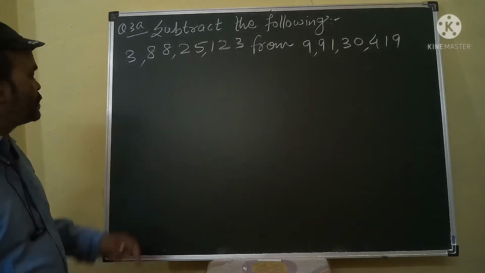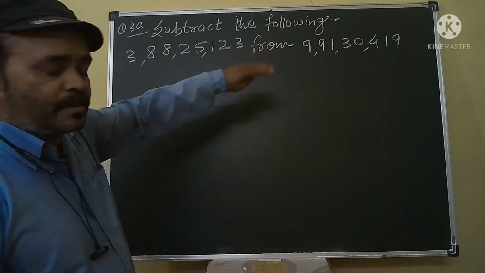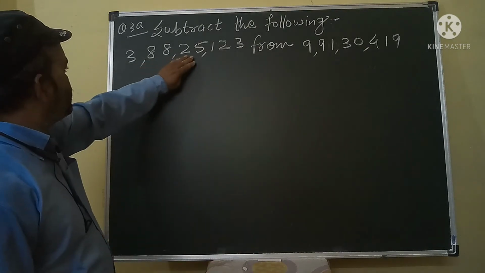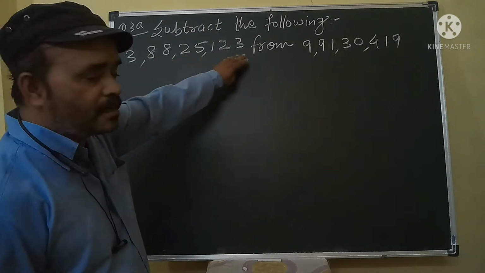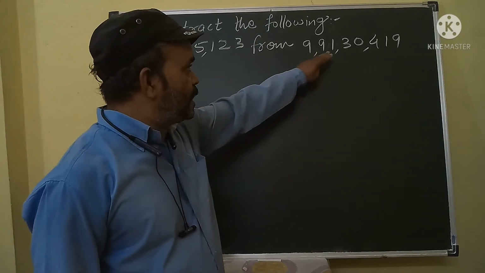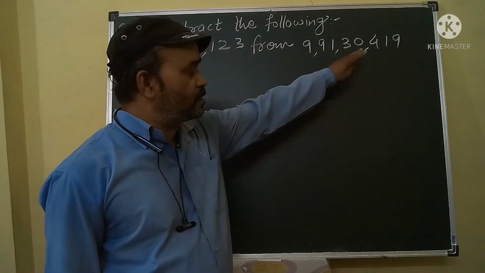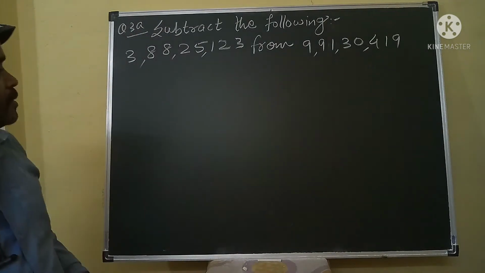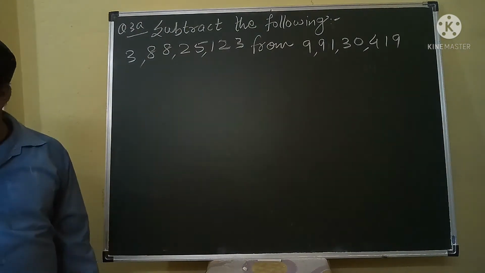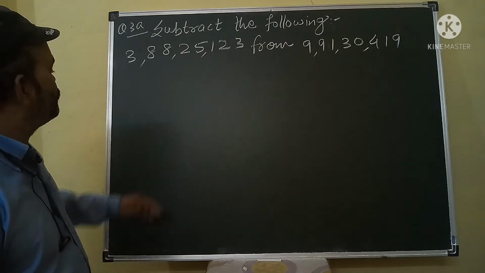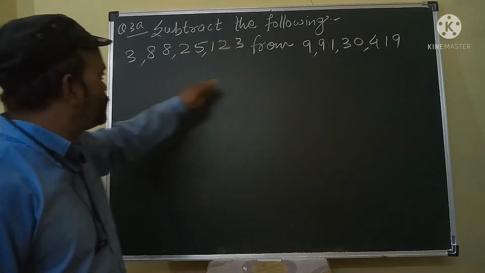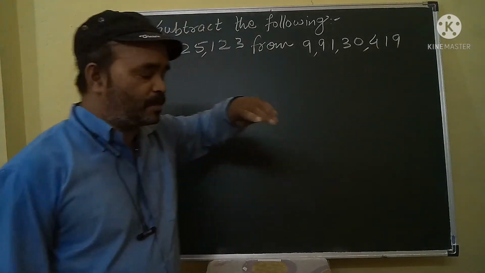Your next question is subtract the following: 3 crores 88 lakh 25,123 from 9 crores 91 lakh 30,419. Okay. What is the subtraction of these two numbers? So in these two numbers, this is smallest number and this is biggest number.